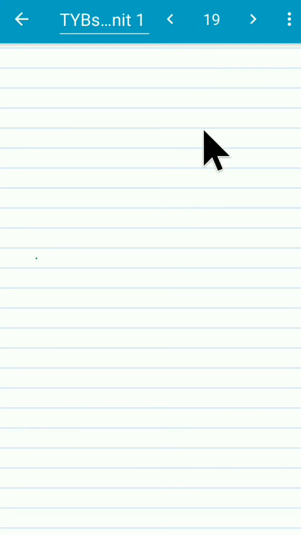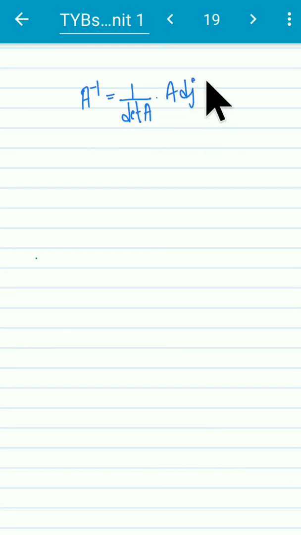Definitely you know this result. While you were learning how to find the inverse of a matrix by the adjoint method, you learned that A inverse is nothing but 1 divided by determinant of A, times adjoint of A. The adjoint matrix is nothing but the transpose of the cofactor matrix.